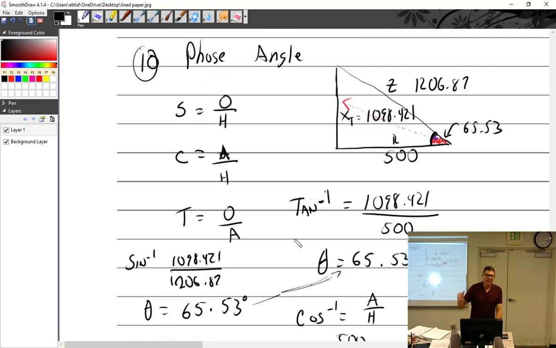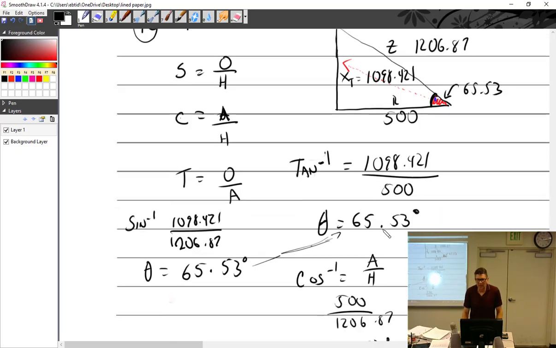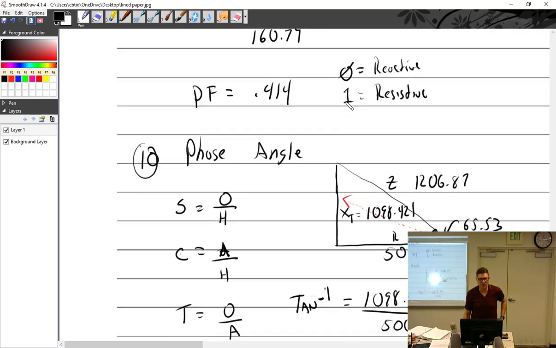If you had gotten X of C, the triangle technically goes down. But I don't even do that, because it's just easier for me to use a right-side-up triangle. If I knew that X of T was a negative number, how did I get it negative? It's more capacitive.